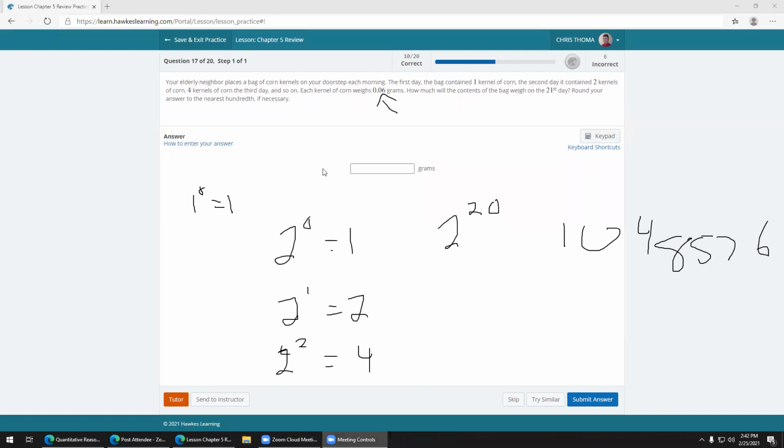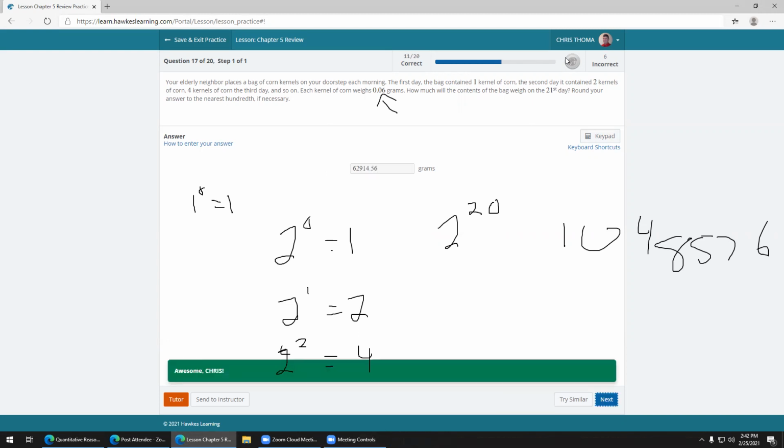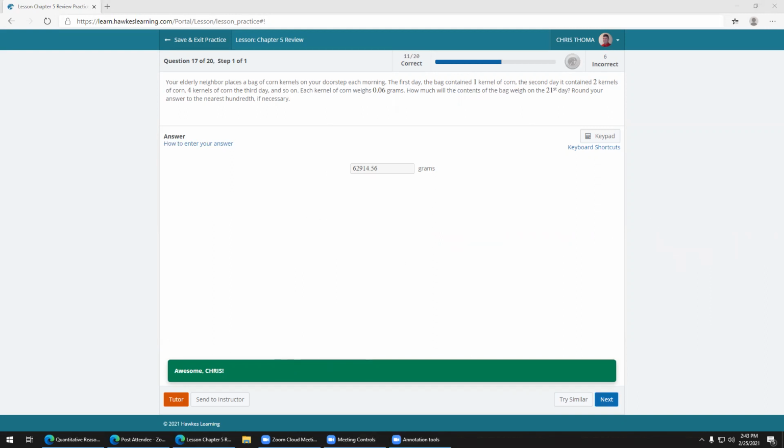So there's another fun pattern one. The answer is 62914, rounded to the nearest hundredth, which is 2 decimal places. So write out the pattern and see if you can see it. And just remember, anything to the 0 power is 1, so we might have to start that way like I did.